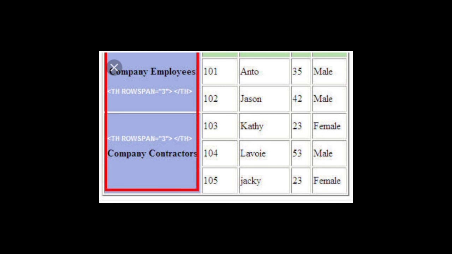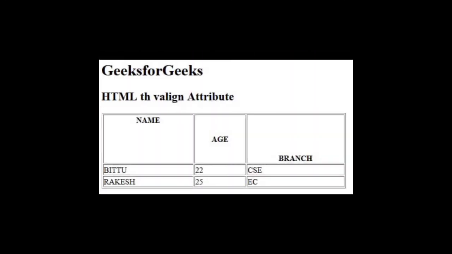Similarly, column span, this attribute applies when a single cell is extended to more than a single column. That is, the cell is spanned for 2 or more columns instead of 1. Next is v-align. This attribute is used to display the position of text in a cell vertically. It can take 3 values: top, middle, and bottom.